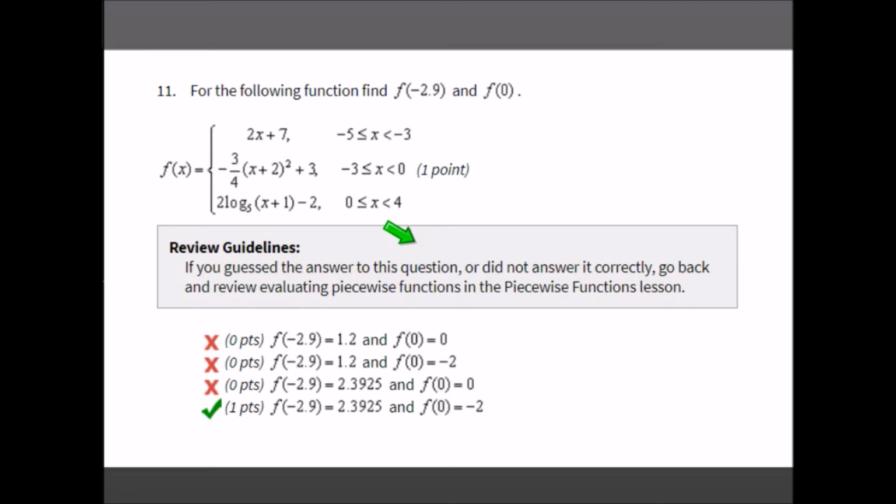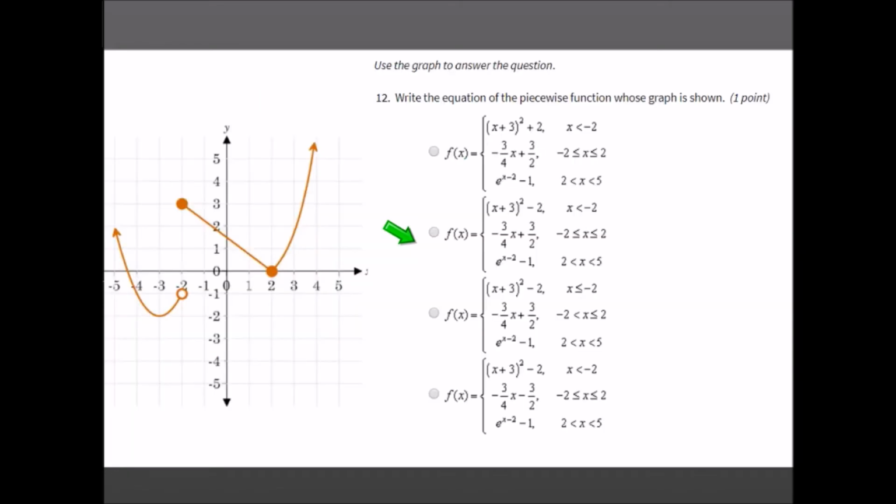All right, we're now going to look at a piecewise graph and figure out which one actually matches this. This looks really messy at first. I'm going to focus my energy over here at this parabola piece, the first piece. I notice that its vertex is at (-3, -2).